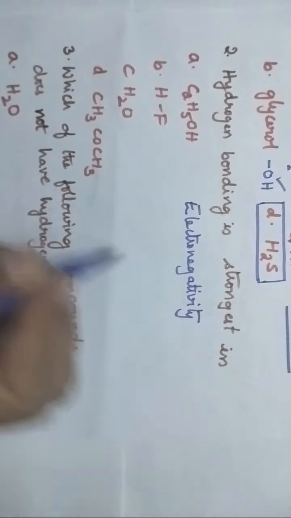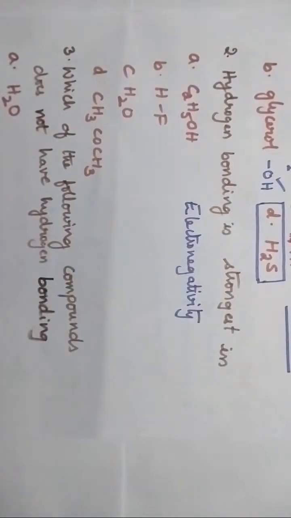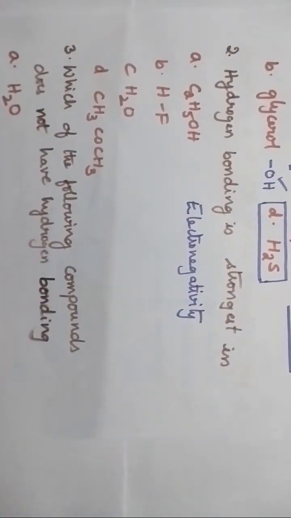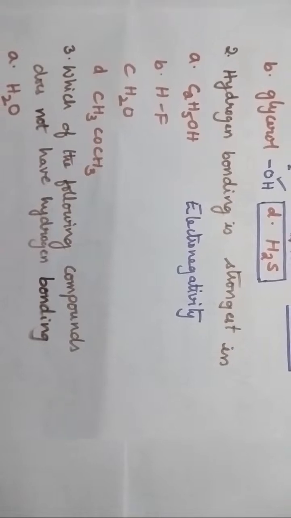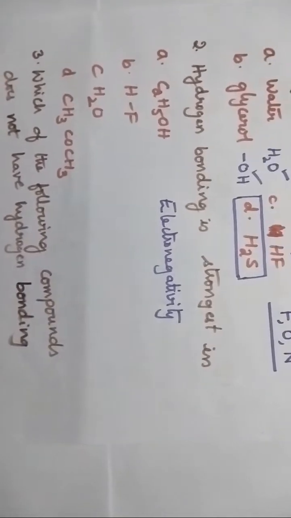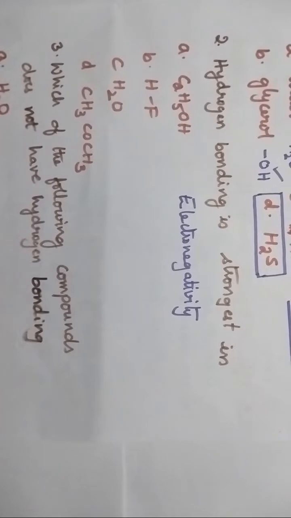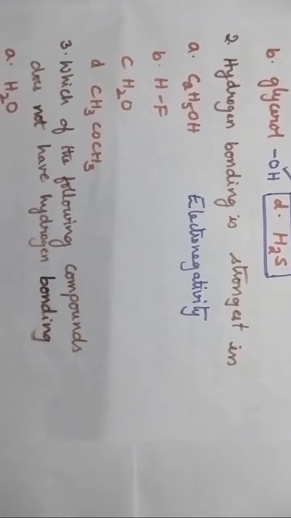So you have to identify which atom is more electronegative. But the strength of hydrogen bonding depends upon the electronegativity. So now tell me which of the following is more electronegative. Then you will find the answer.